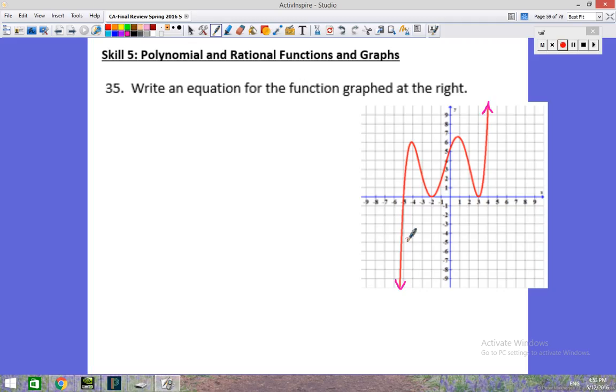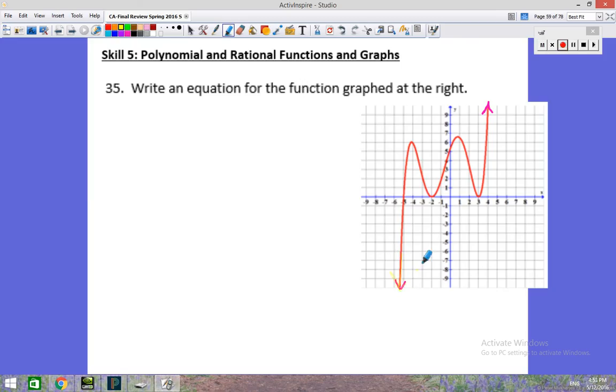The end behavior is going to either positive infinity or negative infinity. Here it's going down to negative infinity. Here it's going up to positive infinity. Alright, so how can I figure out what the equation of this would be? Well, I know that the degree on that leading term is going to be odd because the end behavior is in opposite directions.